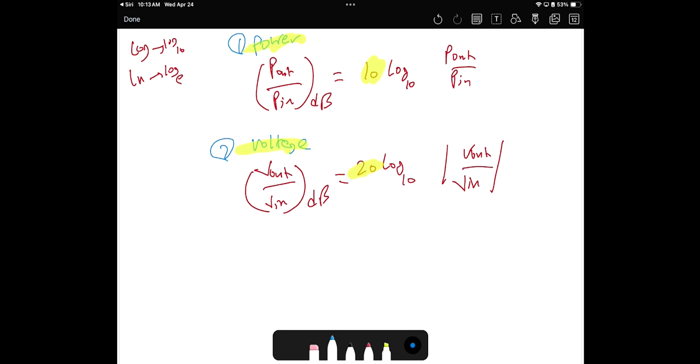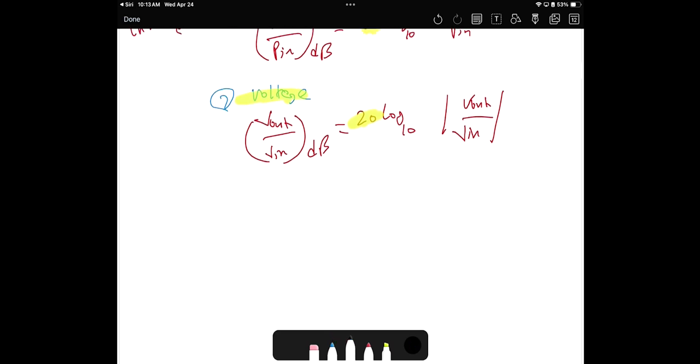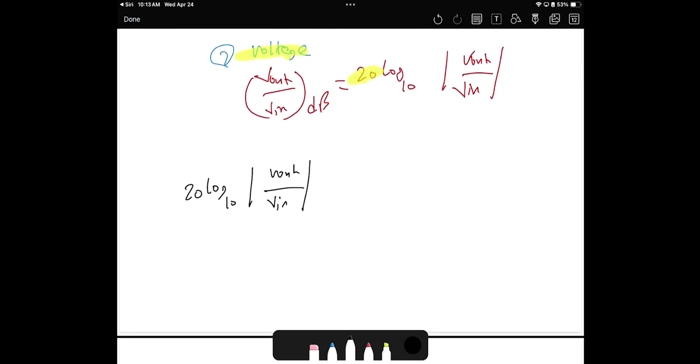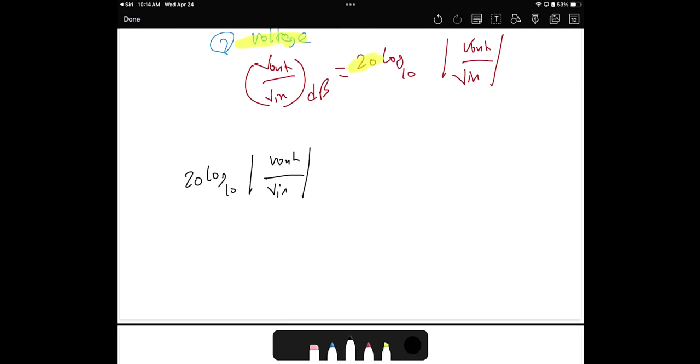Basically, let's start from the voltage and I'm going to try it step by step. So we have the decibel of V out over Vin, which is 20 log 10 V out over Vin. Okay? Then I'm going to take the square, so when I make the square, 20 log 10 V out squared over V in squared.